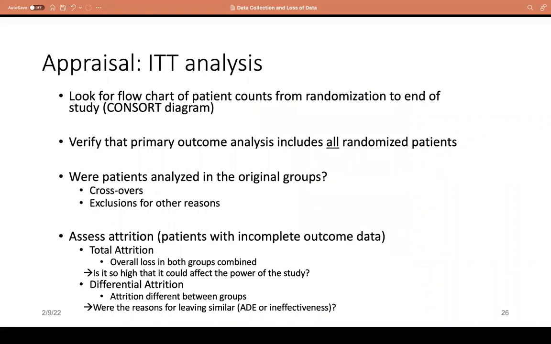So in your appraisal, there's a couple of things that you want to make sure you look for. You want to always look for a flow chart, which we call a CONSORT diagram, to see everything from when people were randomized and then followed, who was lost and what the attrition was, whether it was different between the two groups, whether there were any crossovers, and whether there were any other exclusions.